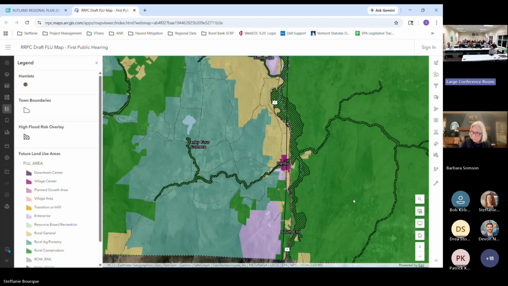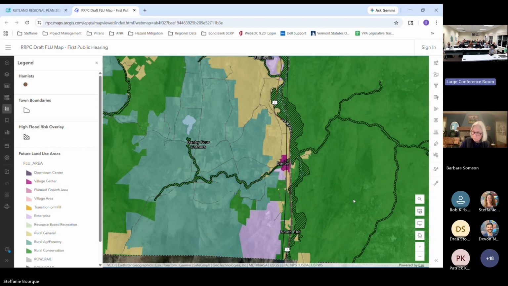No. One thing that's really important to understand with this map is that in terms of regulatory authority, this map only maps Tier 1B eligible areas. Those are our core four: downtown centers, village areas, and planned growth areas.